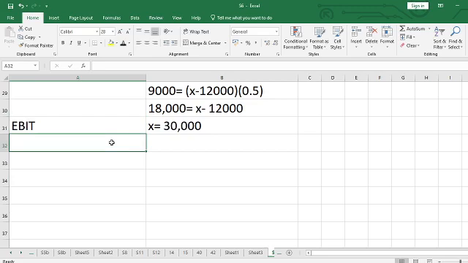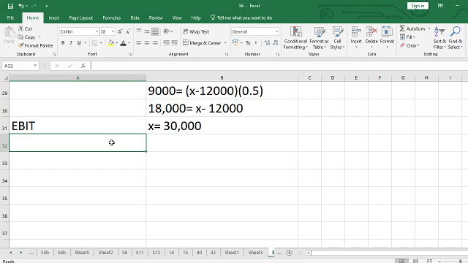So we can cross check: when EBIT is 30,000, 30,000 minus 12,000 means 18,000. 18,000 into 0.5, that is 1 minus t, will give you 9,000. 9,000 divided by 9,000, definitely EPS will be 1.